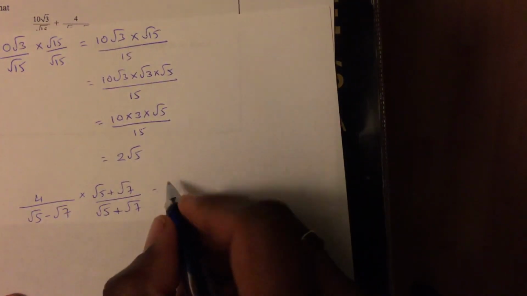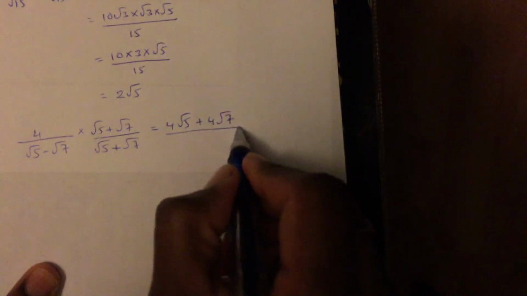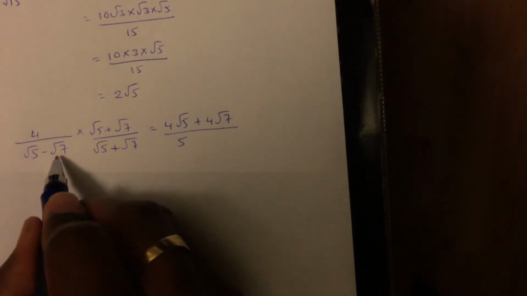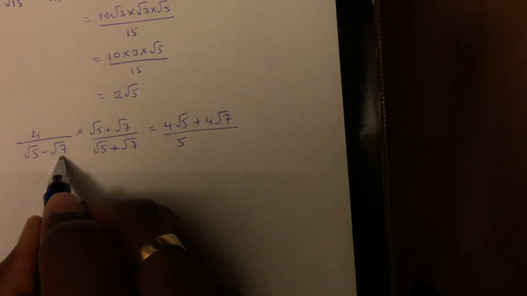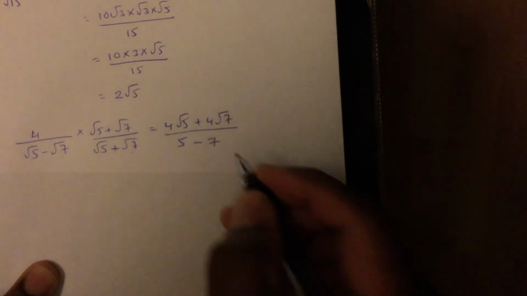Okay, so we have 4 square root of 5 plus 4 square root of 7 divided by square root of 5 multiplied by square root of 5, that will be 5, minus square root of 7 multiplied by square root of 7 will give us minus 7.